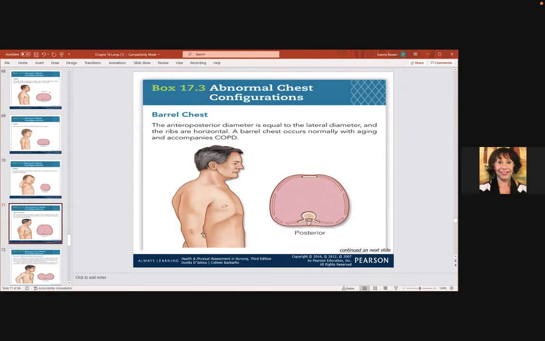It shouldn't be; the side should be smaller than the front. So barrel chest is an abnormal configuration. It is typical of COPD or persons who are older, although not every older person develops this. It depends if they keep in shape.